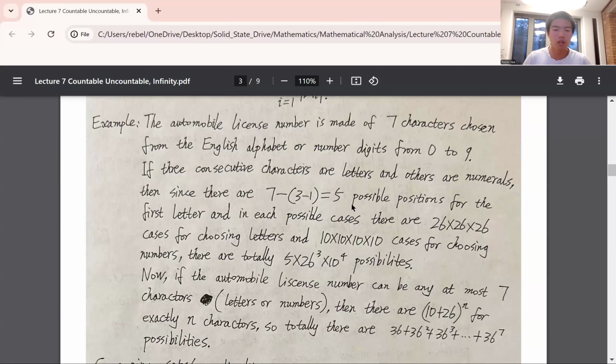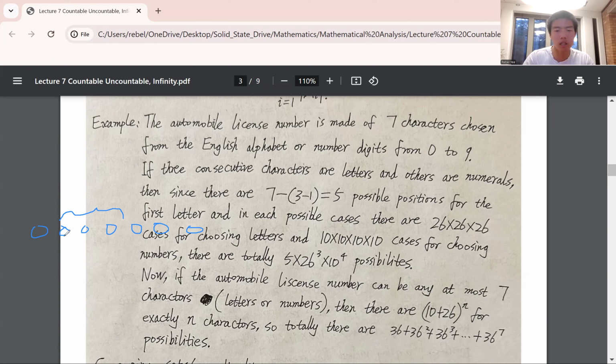If 3 consecutive characters are letters and the others are numerals, how many possible automobile license numbers are there? Let's consider this one. Because it's exactly 7 characters, there are positions 1, 2, 3, 4, 5, 6, 7, and we know 3 of them in between are letters and the remaining are all numbers.